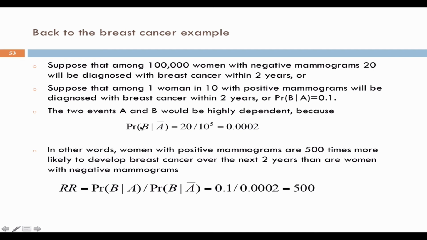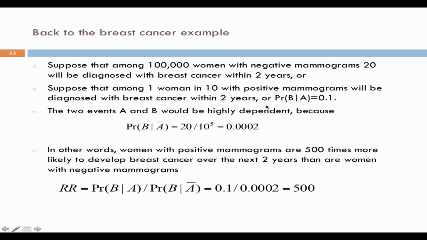Here, A represents a positive mammogram, and A complement represents a negative mammogram. So the probability of B, which is breast cancer, conditional on a negative mammogram is estimated by 20 over 100,000, so 0.0002.